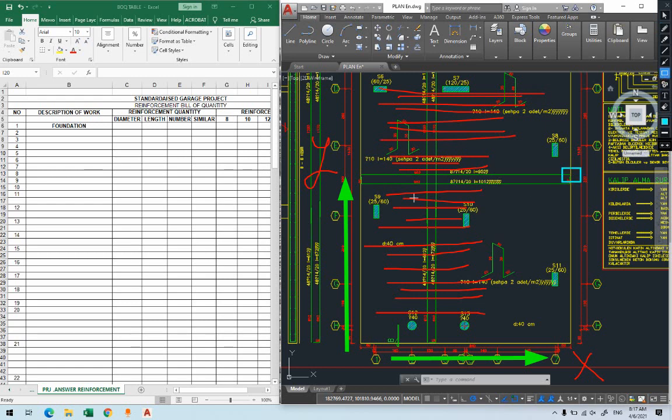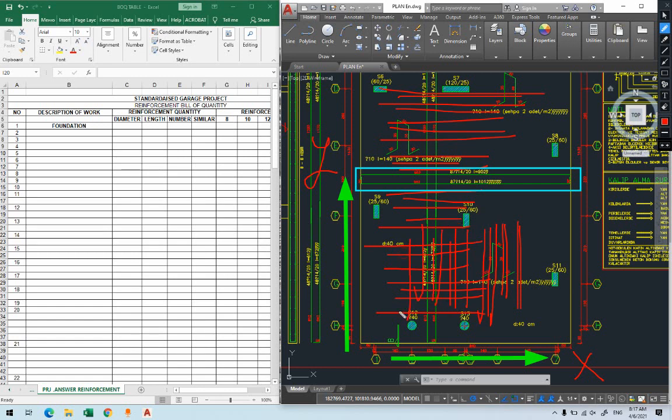The one that is perpendicular to the Y direction. This is Y direction. When we're talking about X direction, we'll put the reinforcement that are perpendicular. Look, those are the reinforcement I'll provide in the X direction. I'm going in the X direction, yes, but the reinforcement are perpendicular to the axis.